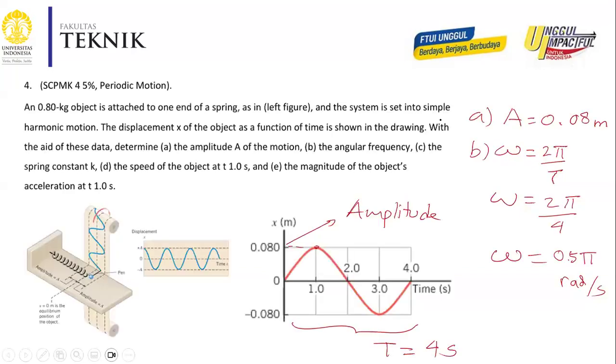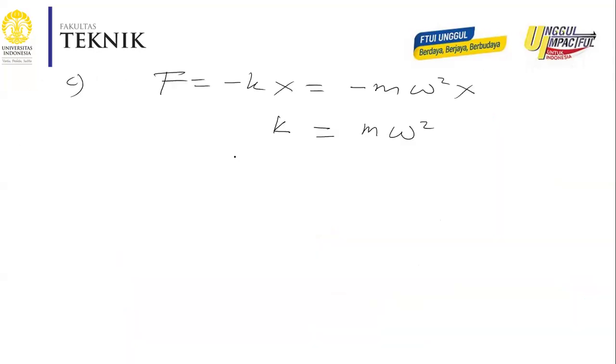Mass here is the mass of the ball, because this object is 0.8 kilograms. Then we multiply by omega square. So the spring constant K is 0.8 times omega square.